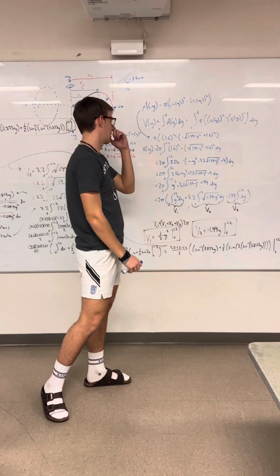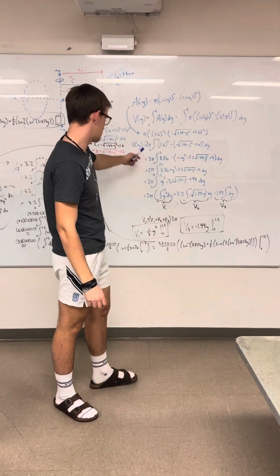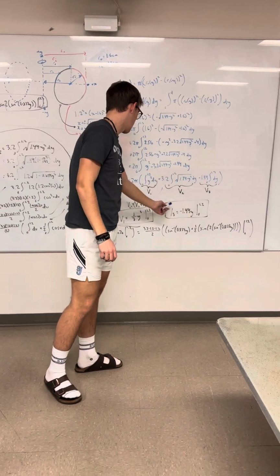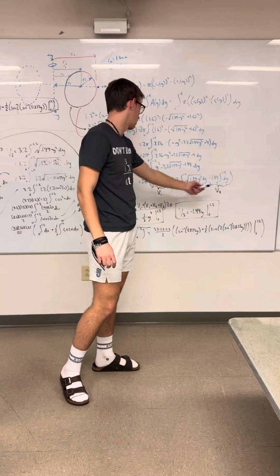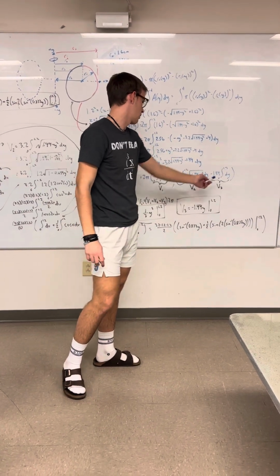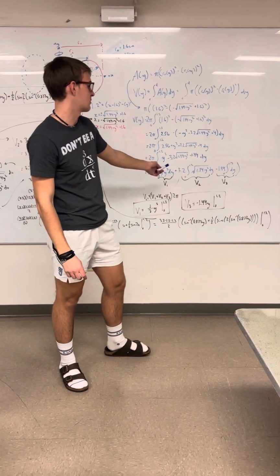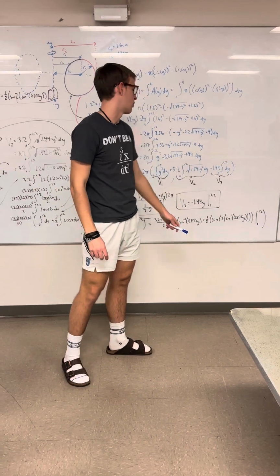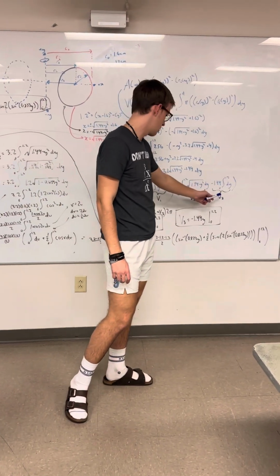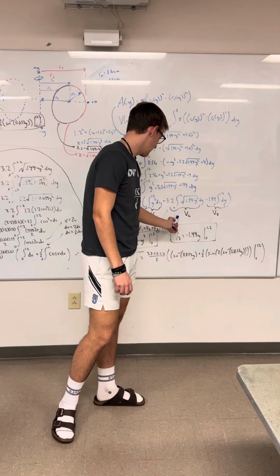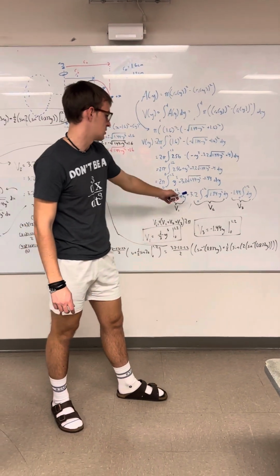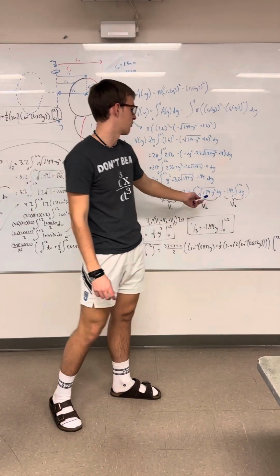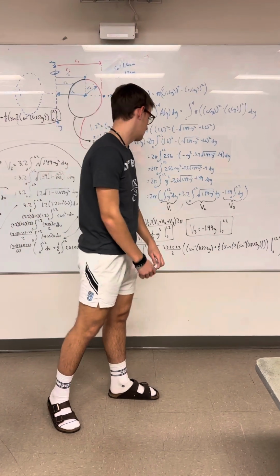It was a very difficult process, and here's some of the work. I got 3 separate volume integrals. The first and the third were easy, because they were just y squared and then negative 1.44 dy. But this second integral here, 3.2 times the square root of 1.44 minus y squared dy, was quite difficult.